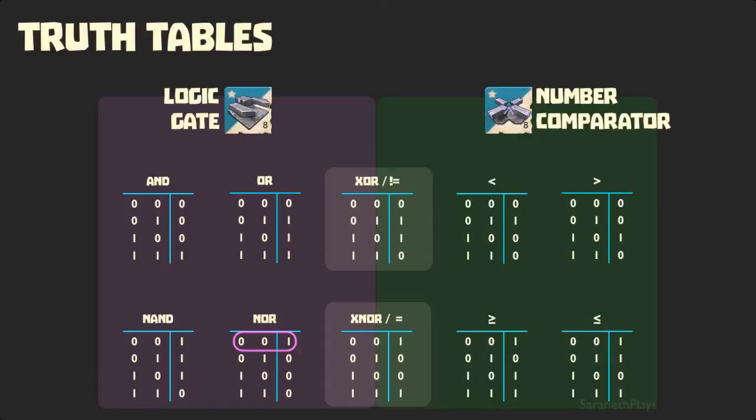For 0, 1, we want the 1 where everything else is 0. That is our less than table. And the next one down, 1, 0, output 1 where everything else is false. That is greater than. And finally, for our last LED, we want it to light when the inputs are 1, 1, and at no other time, which is our AND gate from the logic gate.